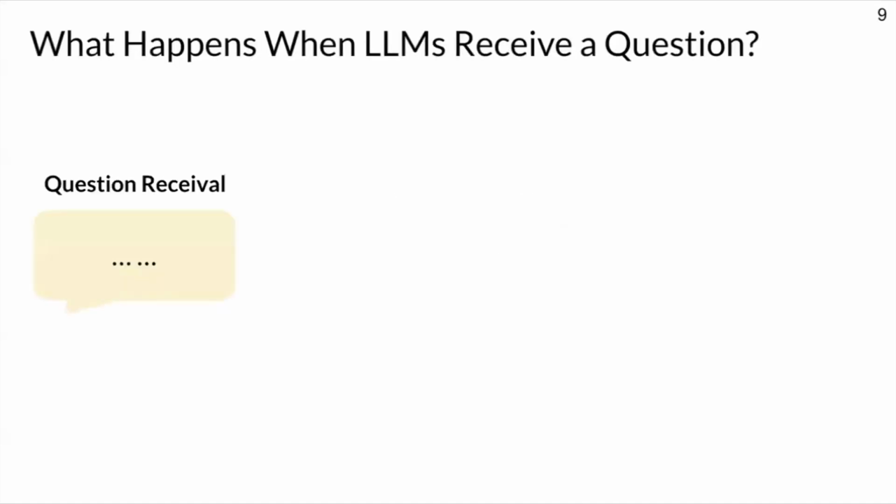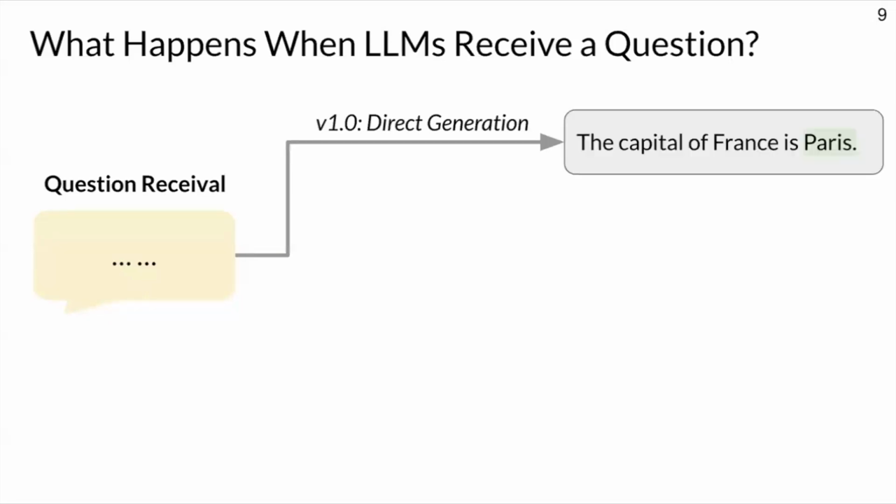For that, I guess yesterday we already saw very nice lectures about LLMs. Just a recap: when LLMs receive a question, to super simplify it, they usually have three different modes. The first one is direct generation, which we can usually trust for things such as "the capital of France is", and then letting it generate Paris.